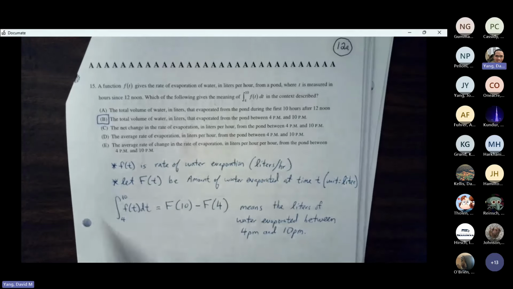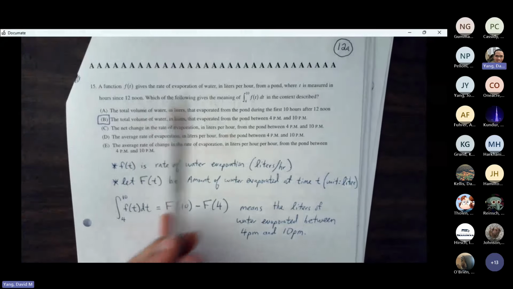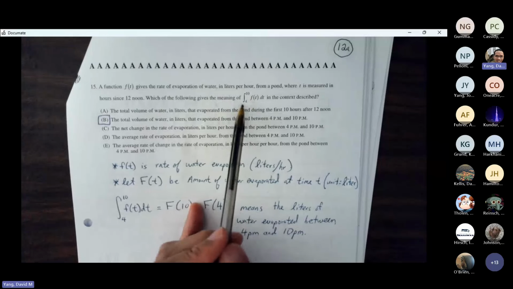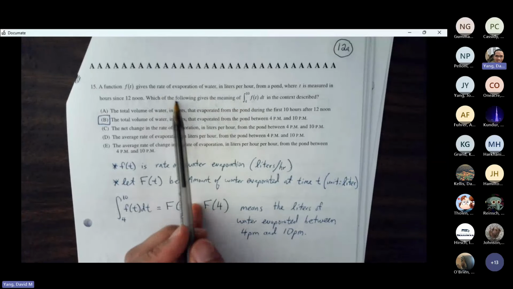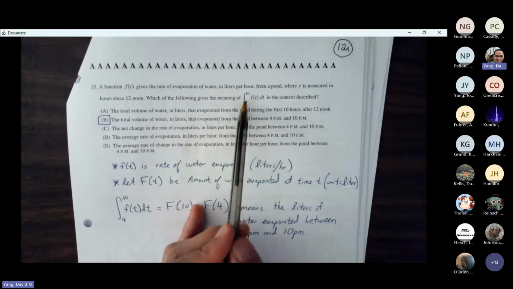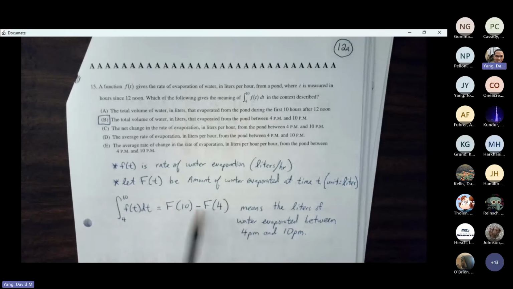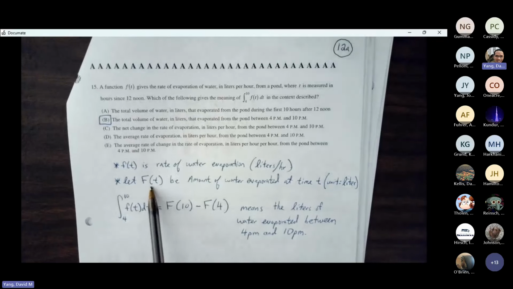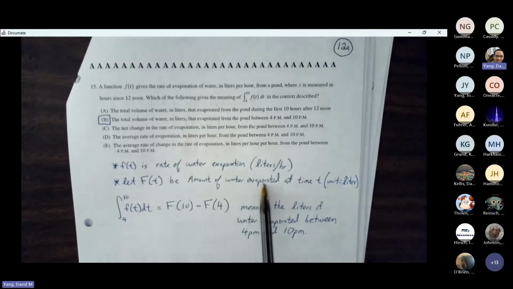Okay, this is just understanding what the first theorem is going to do to this. If f of t is the rate, we know the integral of the rate turns into uppercase F of 10 minus uppercase F of 4. If lowercase f is the rate of the water evaporation, then we can let uppercase F be the amount of water evaporated in liters.